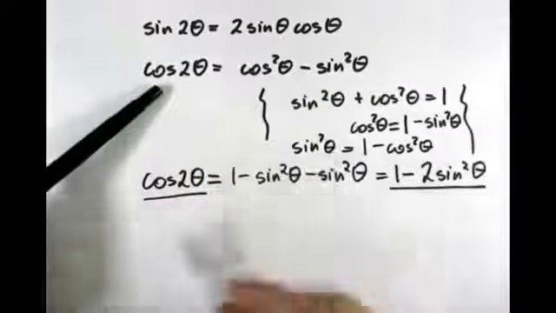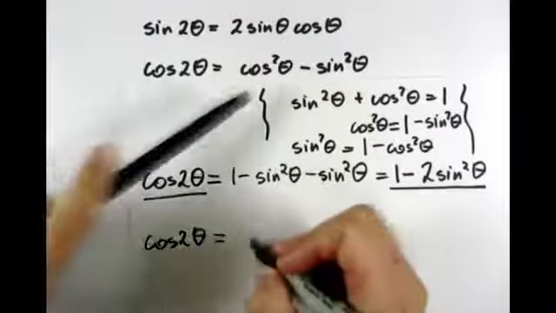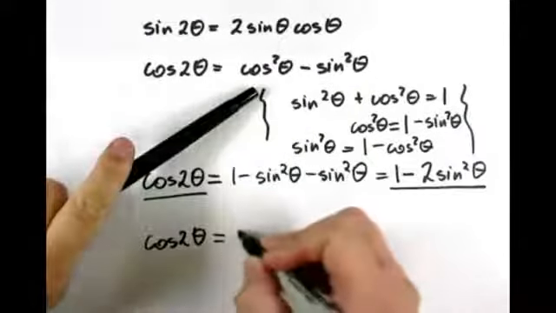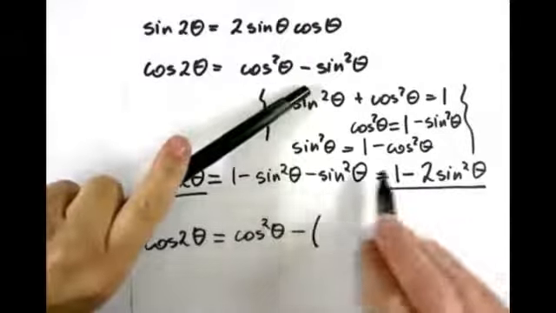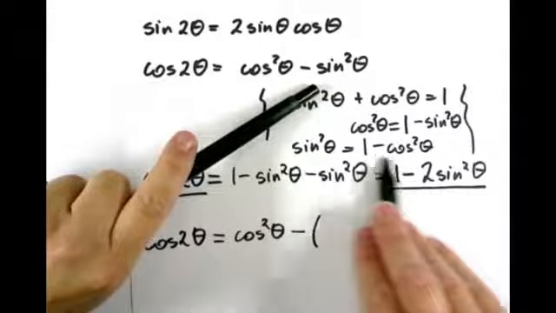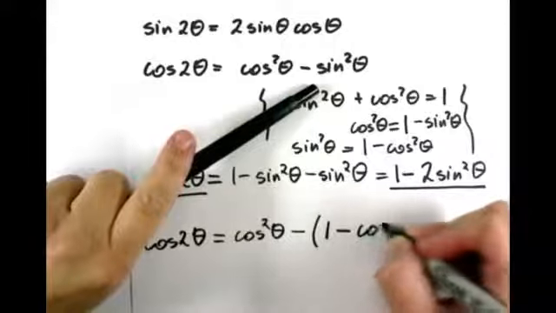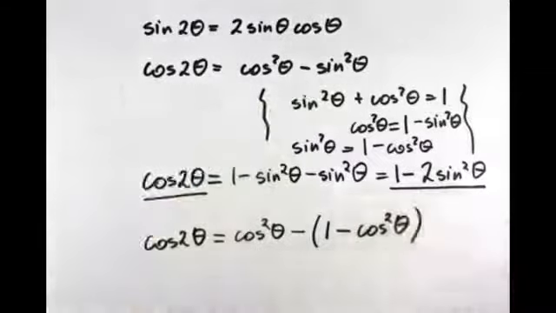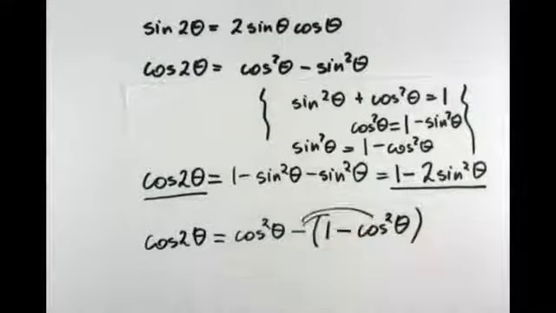So I'm getting cos 2 theta is equal to cos squared minus, put in the bracket, and your sine squared is right here, I'm gonna substitute this part. So this one is 1 minus cos squared theta. You do need to put the bracket because we do need to distribute the minus.